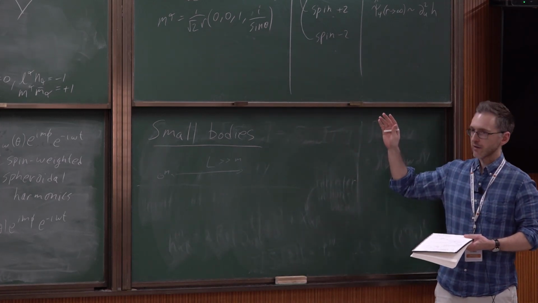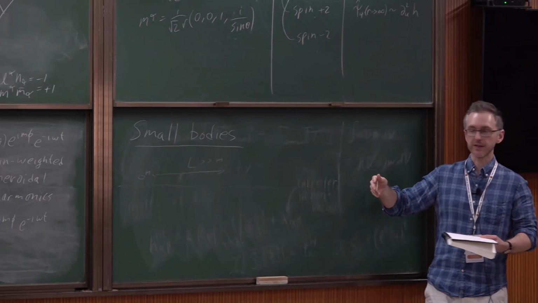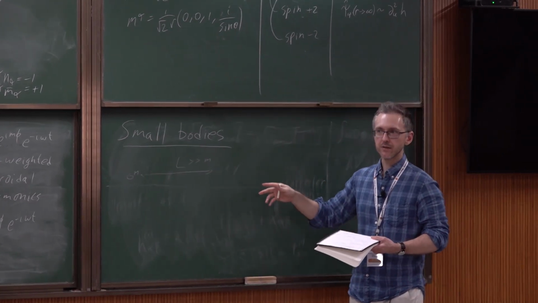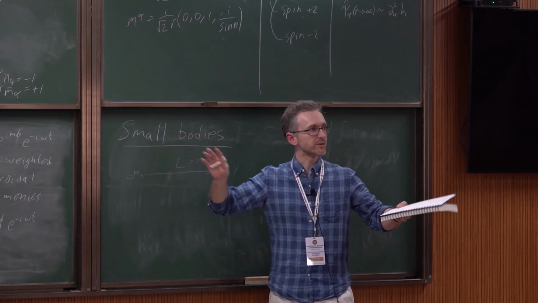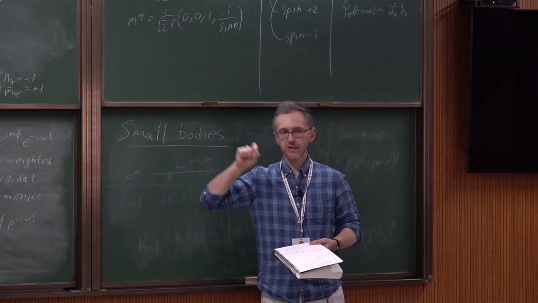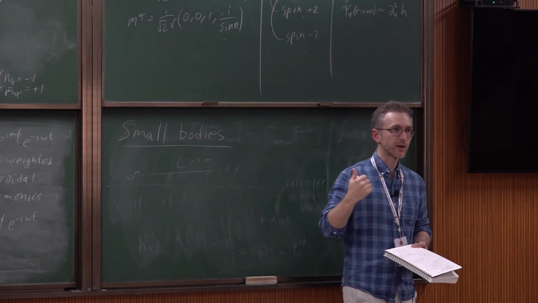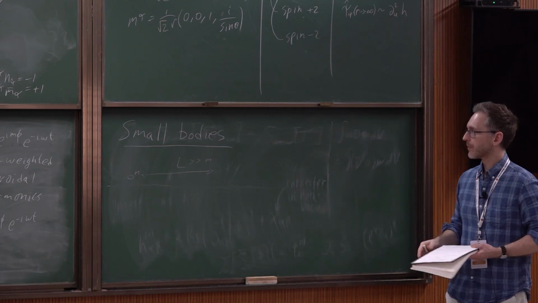I'm going to continually refer to EMRIs as the basic example, but everything I say applies in every space-time. If I have a little black hole sitting right here, it's going to behave the way I'm about to describe.